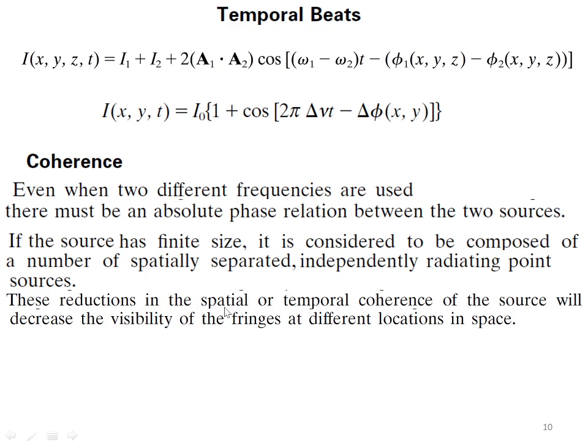That is what refers to spatial coherence. Second is temporal coherence. Their frequency difference should not be very large, so the radiations should preferably be monochromatic. That is the second condition for obtaining stable interference fringes.